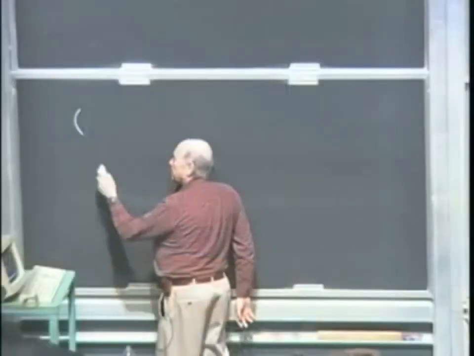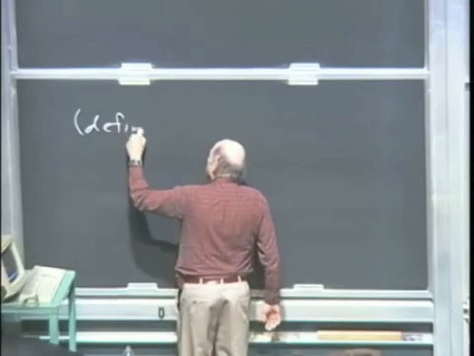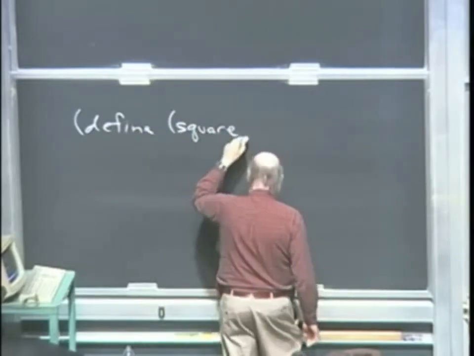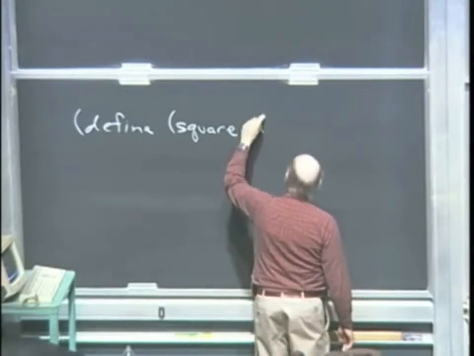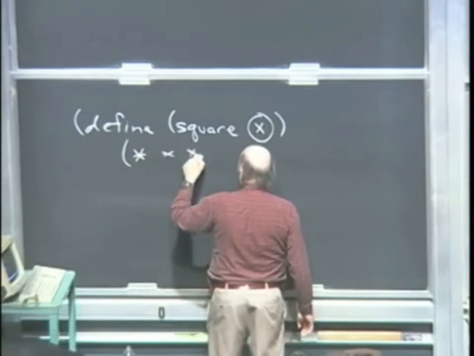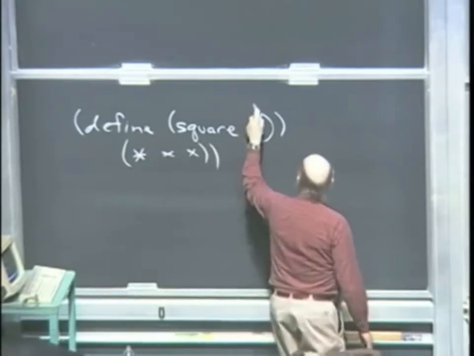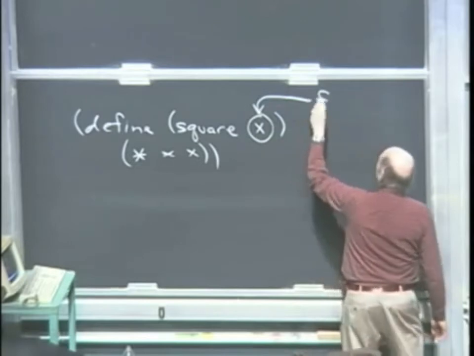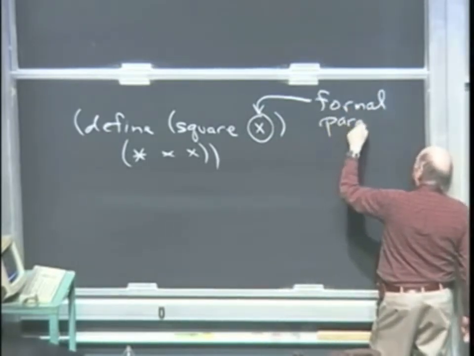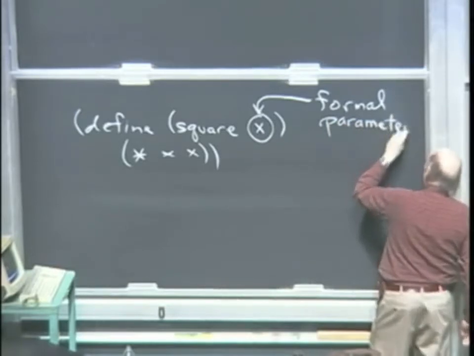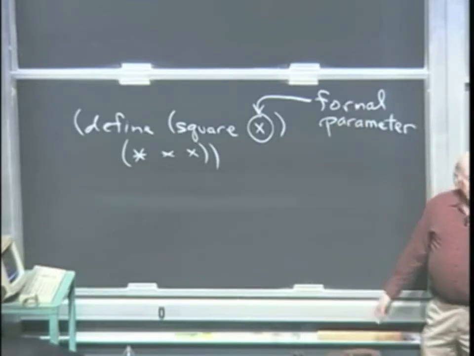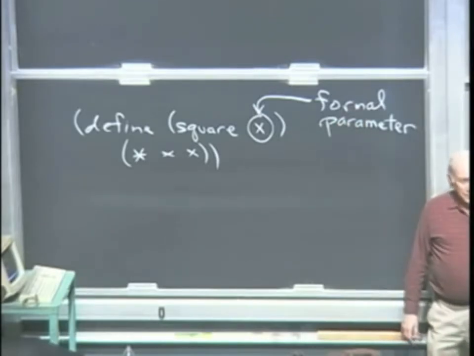So when you're defining a procedure, that's called a formal parameter. That's a fancy name for the name of the input inside the procedure.